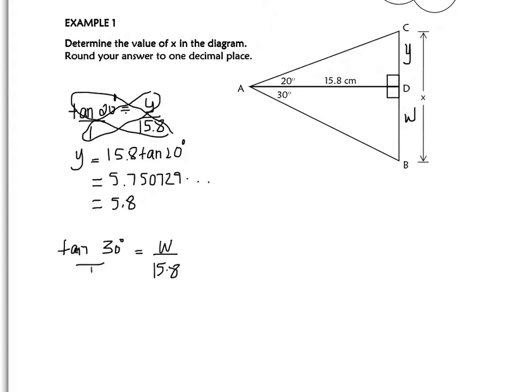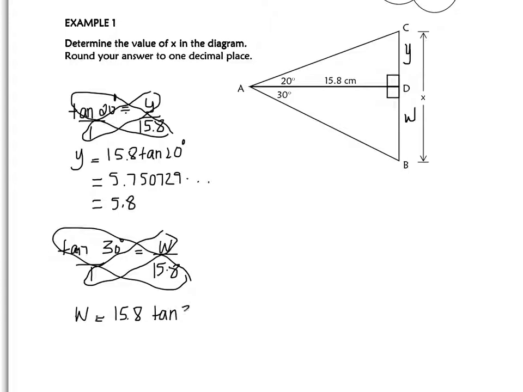Then if we cross multiply, we get W equals 15.8 tan 30. If we calculate that, we get 9.122, and so on. To one decimal place, that would be 9.1.